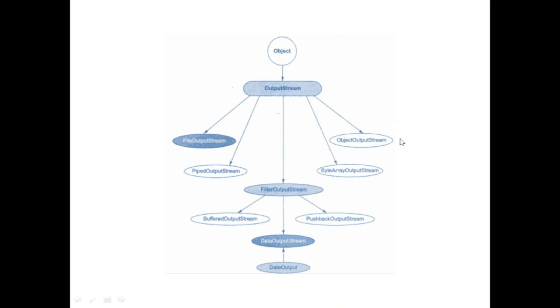As their names specify, one deals with outputting objects. Another is the byte array, outputting data in bulk in the form of byte arrays. Another is file, dealing with a particular file, and the next is piped, dealing with pipes, as you must be familiar with the piped system in your operating system.